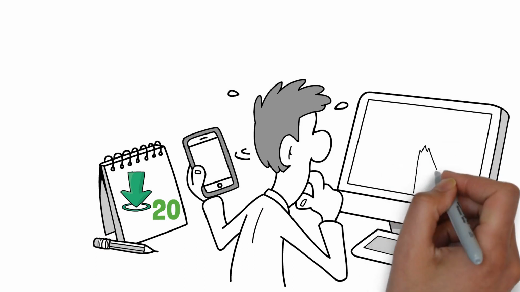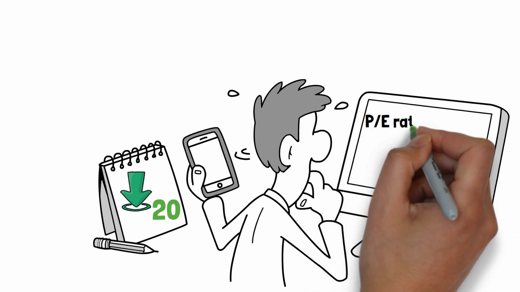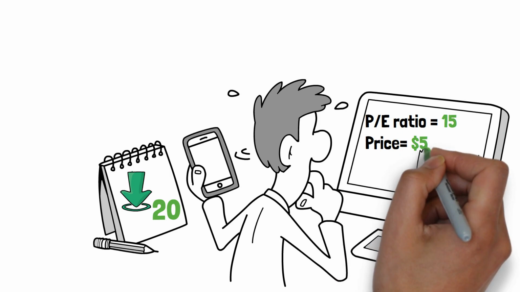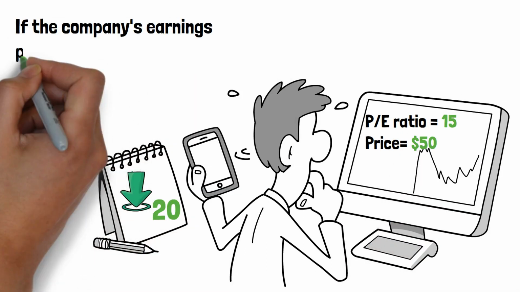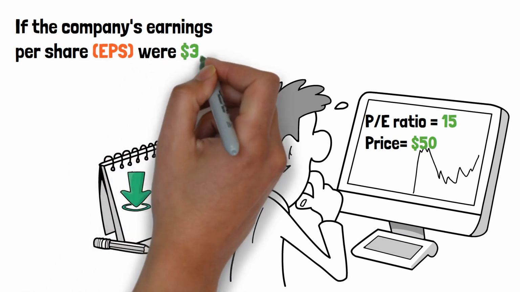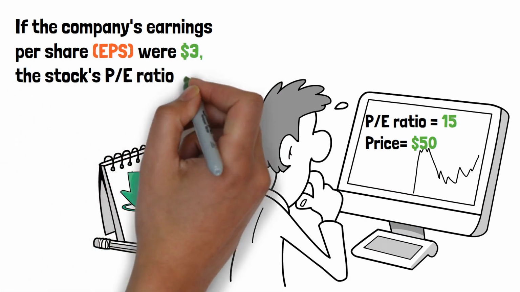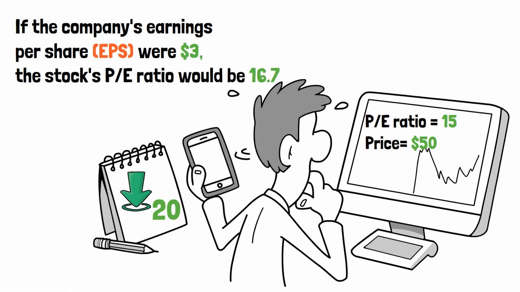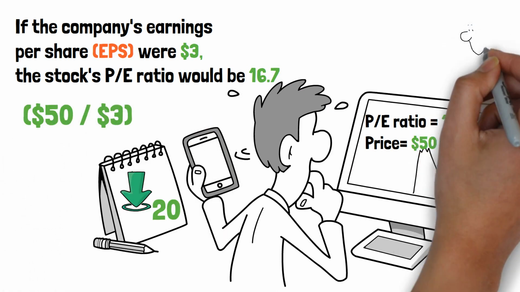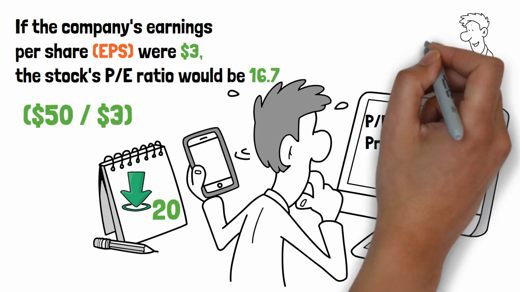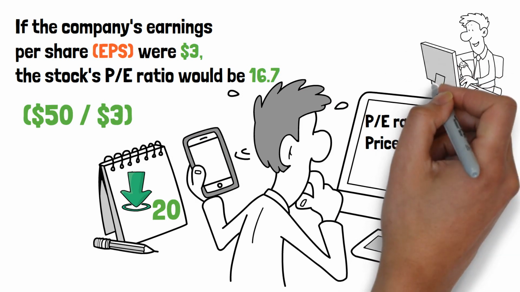They might find a stock with a PE ratio of 15 and a price of $50 per share. If the company's earnings per share (EPS) were $3, the stock's PE ratio would be 16.7, $50 divided by $3. This stock would be considered undervalued compared to the market average and could be a potential value investment.